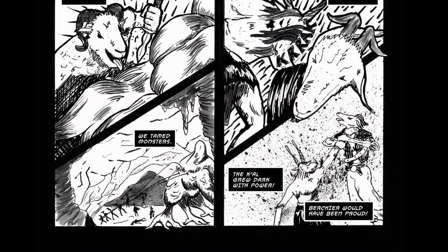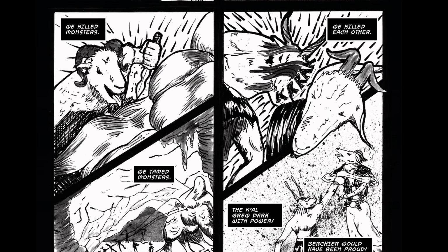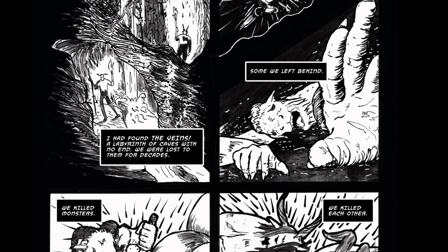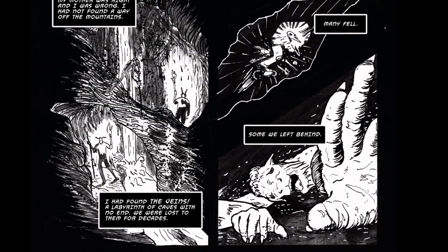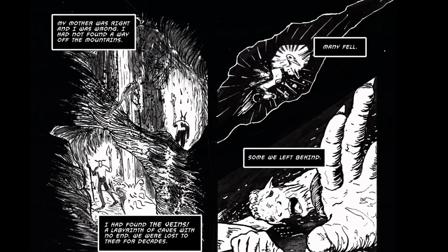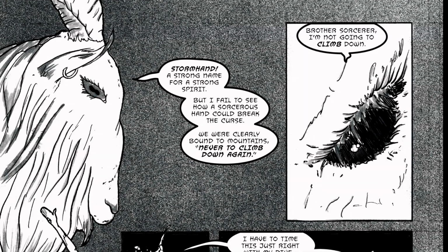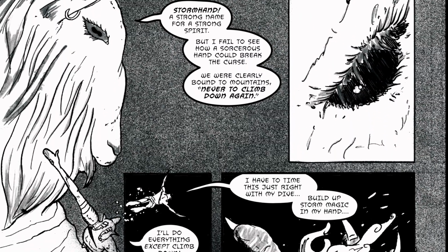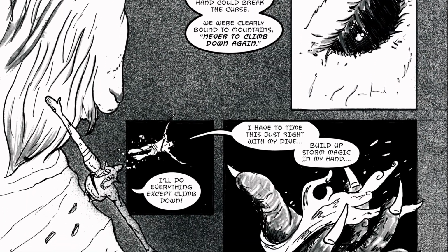Centuries pass. The cursed Khal claw through the lightless depths of the veins. Their savage clashes and profane rituals birth the guileful villain Stormhand. Ancient bitterness festers across generations.